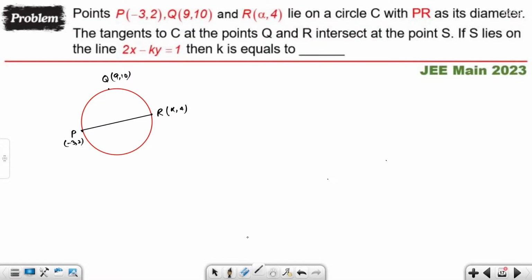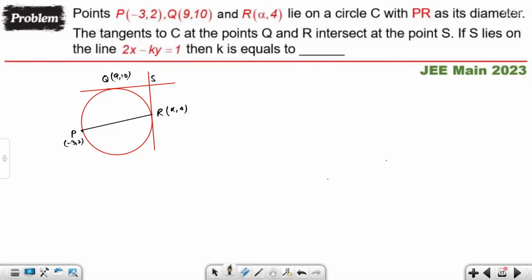The tangents to C at the point Q and R, they intersect at the point S. So if I draw two tangents at Q and at R, they are going to intersect at the point which is your S. Is it clear?